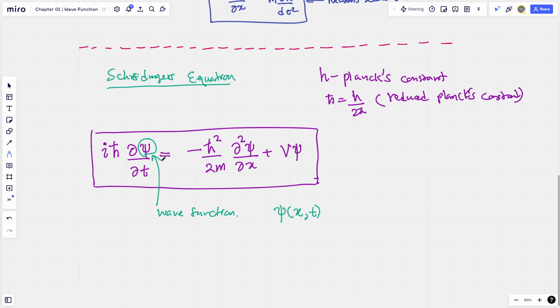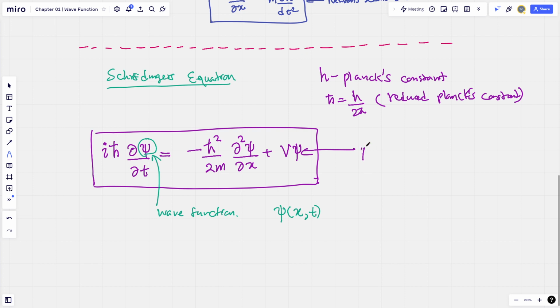If I can explain simply, this is i, which is the square root of -1, this is h-bar, which is the reduced Planck constant, and m is the mass of the object, I think. Then this is psi, the Greek letter psi.